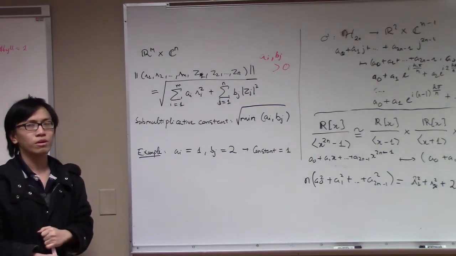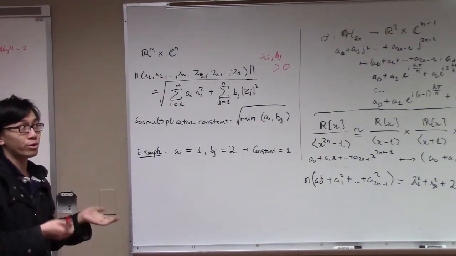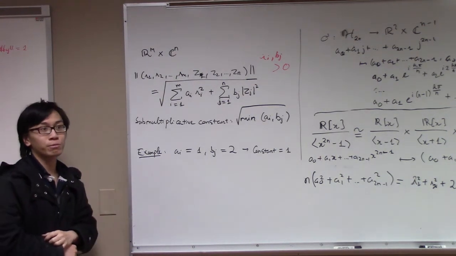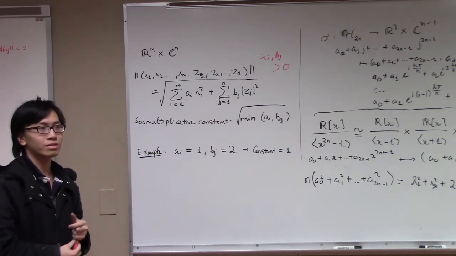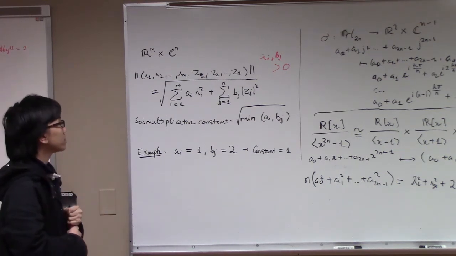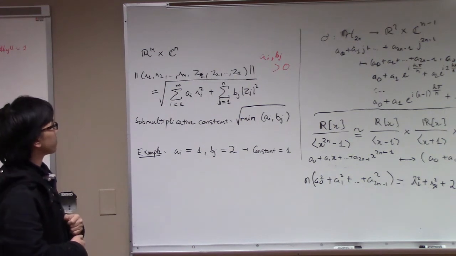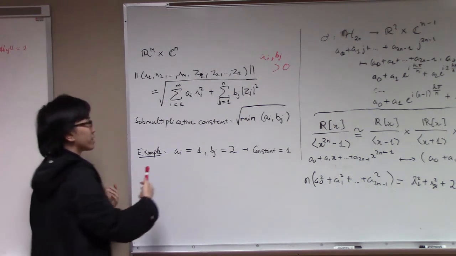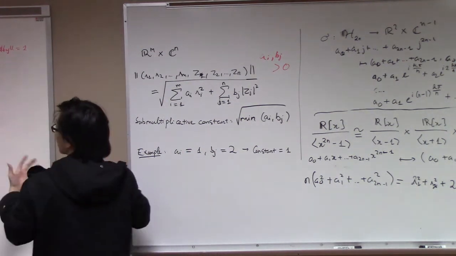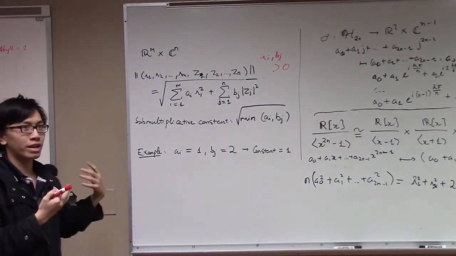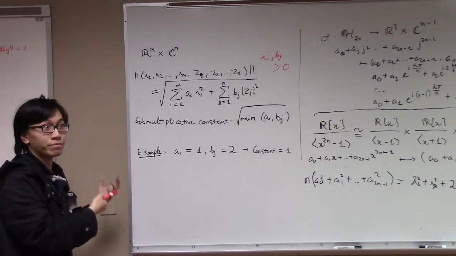The normal Euclidean norm will have a submultiplicative constant 1. You can just prove the inequality, and then find a point where they achieve the minimum.